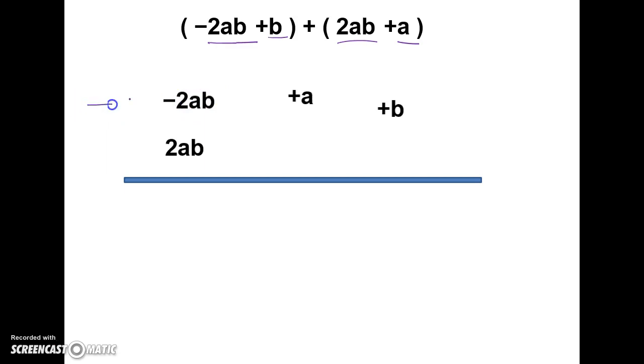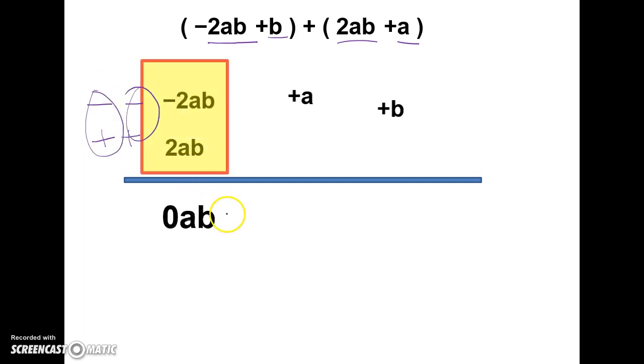So a lot of students are like, well, they're going to cancel out. You're right, they are, because that's two negatives and two positives, they zero out. And 0AB, by the way, is just 0 times A, 0, times B, 0.